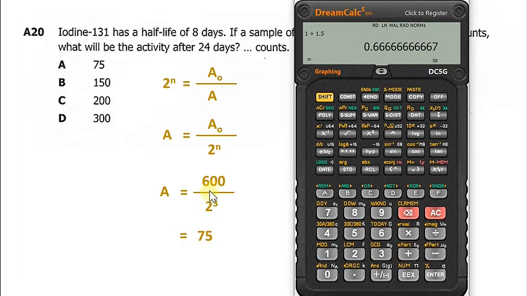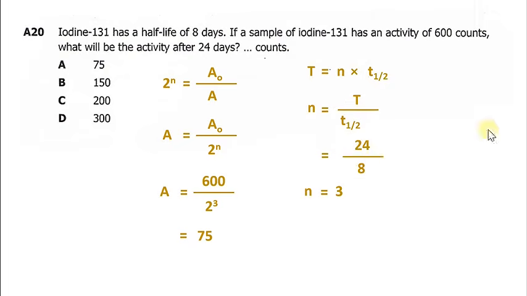I just did 2 to the power 3, which is 8. Then 600 divided by 8 gave me 75. So that is the answer, 75, that we are seeing there. So that will be the activity. So the answer will be A here.